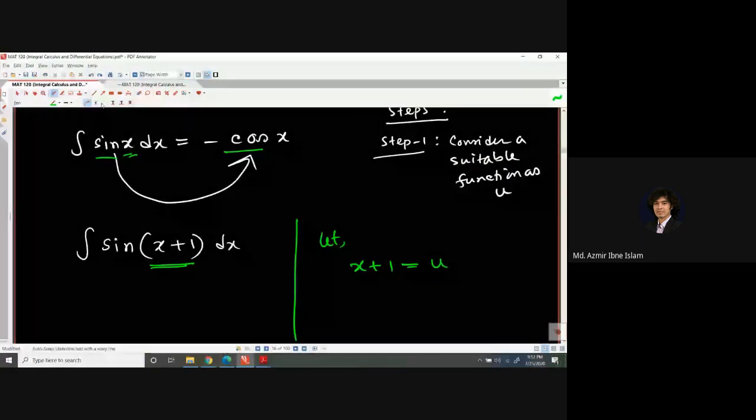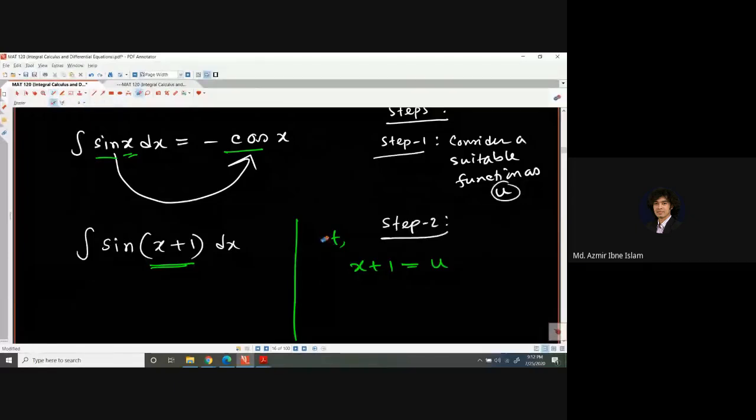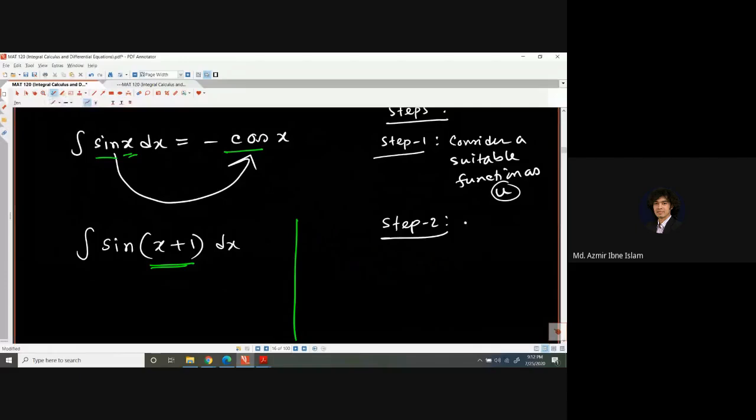Once we have considered a function as u, then in the second step, we have to differentiate both sides with respect to the independent variable.